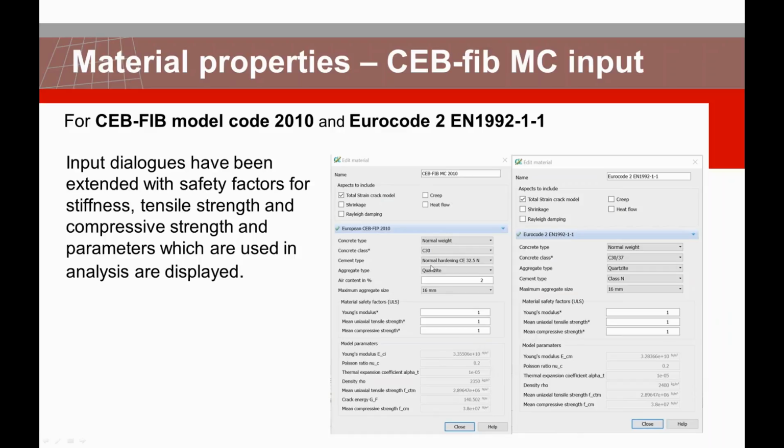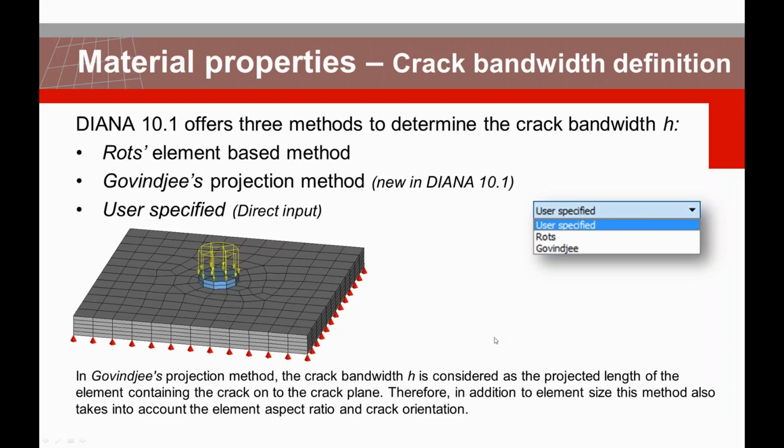If you select one type of concrete or a specific setup of your model, there was always a question: what are the parameters that the program considers? So it's no more a black box; it's very transparent. You can clearly see which parameters are assigned and which parameters are considered based on the factor of safety in the analysis.